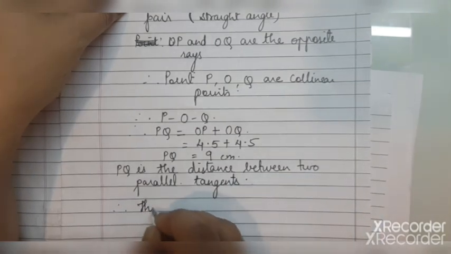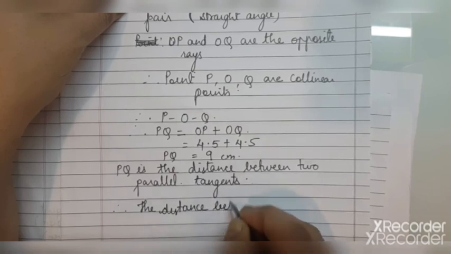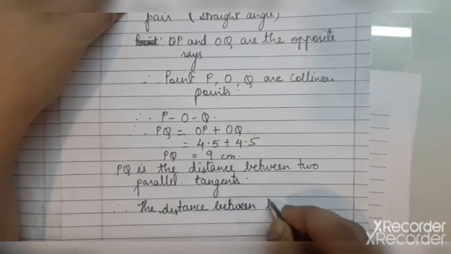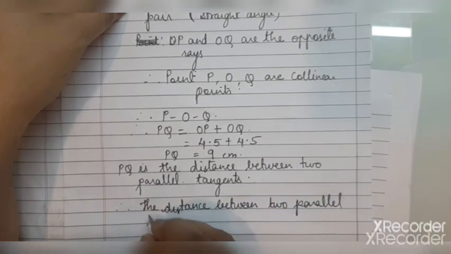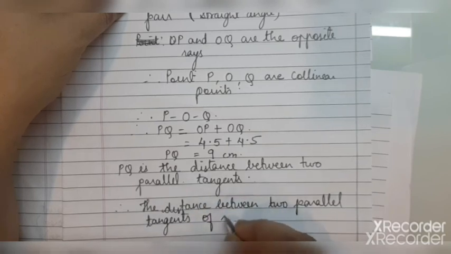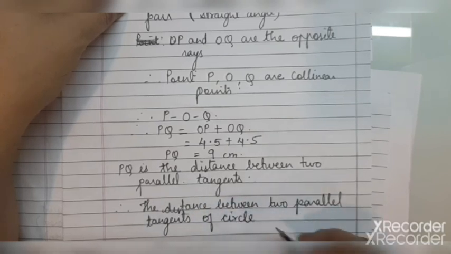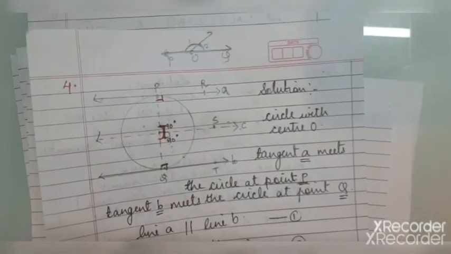Therefore, the distance between two parallel tangents of a circle is 9 centimeters. Okay, one thing we missed out here, so let me write.